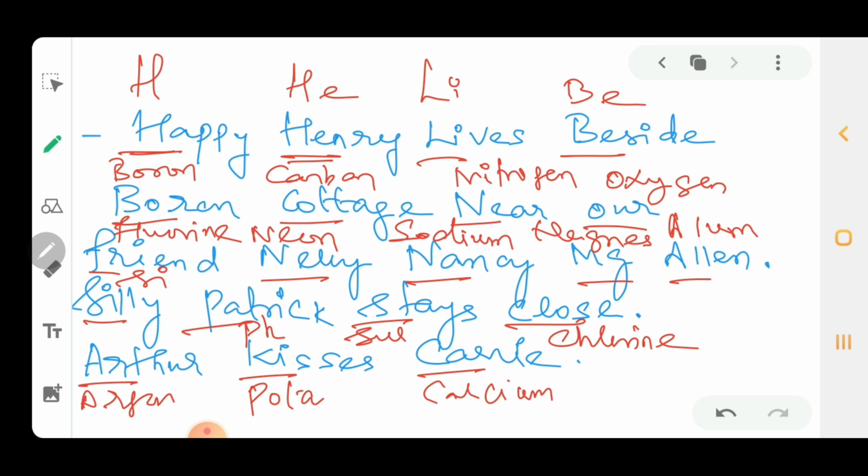Hope you have understood this mnemonic to remember the first 20 elements.